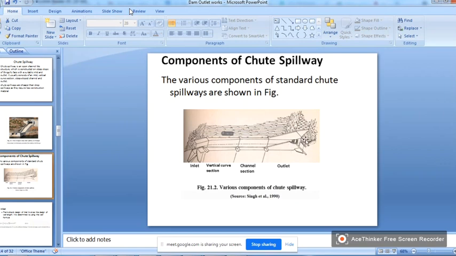And the stilling basin is there to dissipate energy: a hydraulic jump will be created, and then what should be the length of the apron? All those things we will design in the outlet. These are the three parts: design of inlet, design of channel section, and design of outlet.